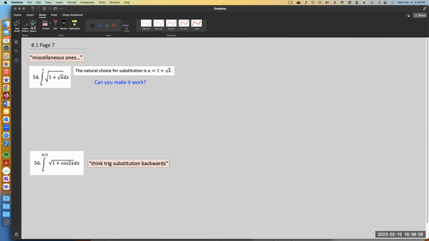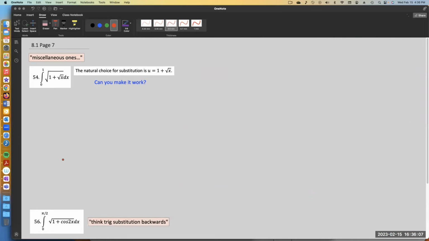Let's take a look at this first one. This is something that feels very, I don't know what the right word is. It just feels weird. So we're going to let u be 1 plus root x. And so this turns into u to the half. And if we do our limits of integration, when x is 0, plug it in here, we're going to get u as 1.